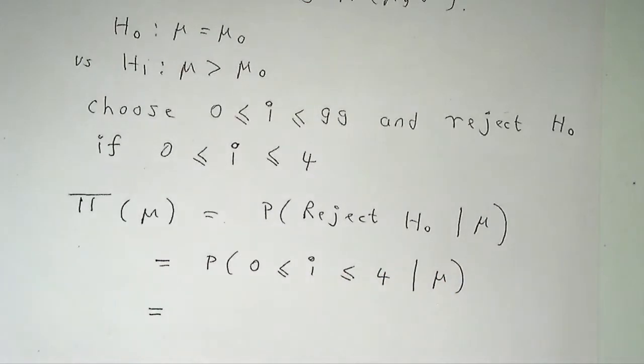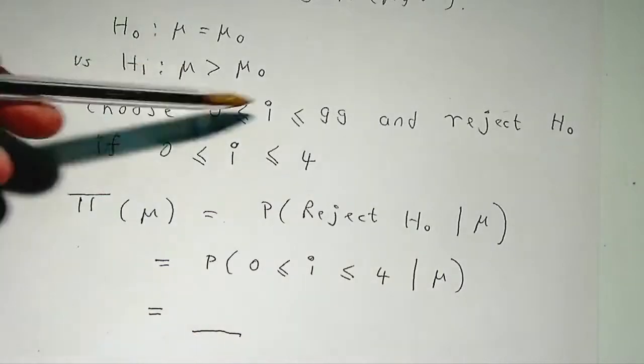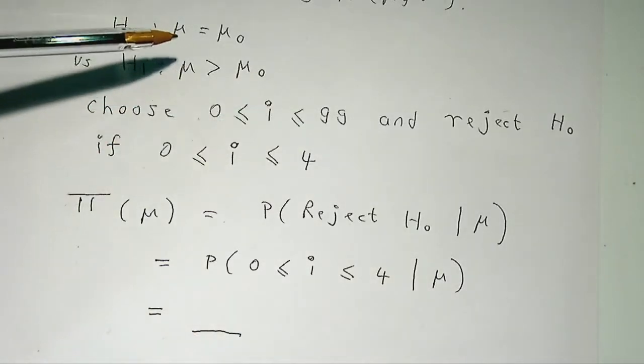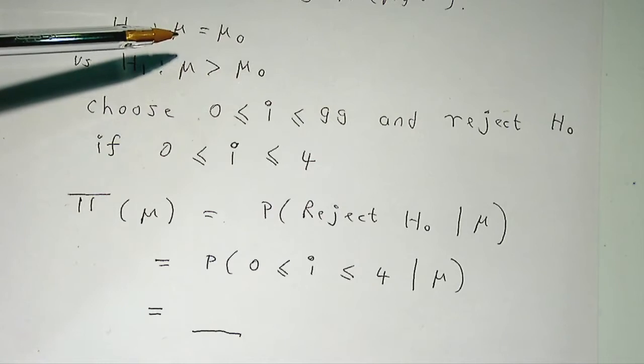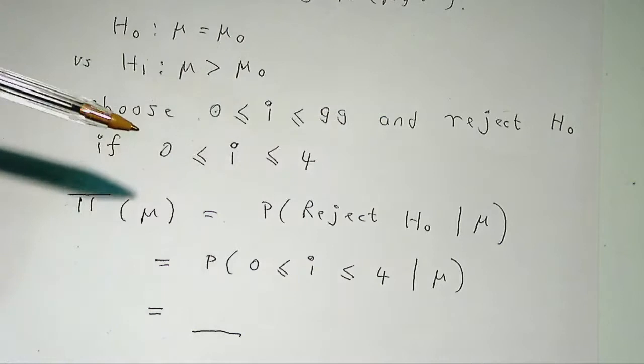Now, what do you think the probability that I is between 0 and 4 given mu will be? Remember, you're selecting a number between 0 and 99, and you're rejecting the null hypothesis if I is between 0 and 4. Now, tell me, how many numbers are there between 0 and 99?